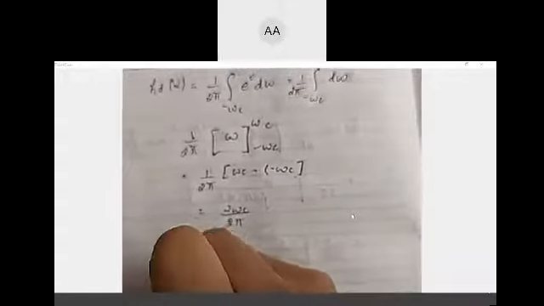Very simple integration, which is nothing but 1 by 2 pi into omega from minus omega c to plus omega c. This is nothing but 1 by 2 pi into omega c minus of minus omega c, which is 2 omega c by 2 pi, which is omega c by pi. So HD of alpha is this.